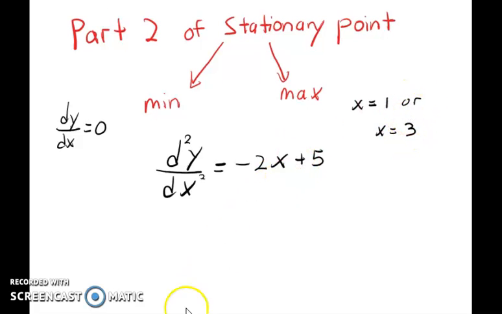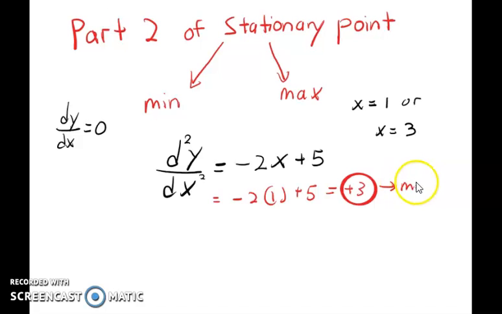So when I substitute 1 here, it becomes positive. So I'll be getting a positive 3. If you have a positive sign over here, it means it is a minimum.